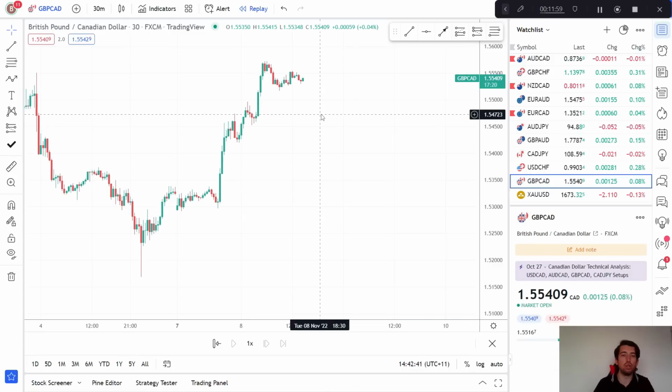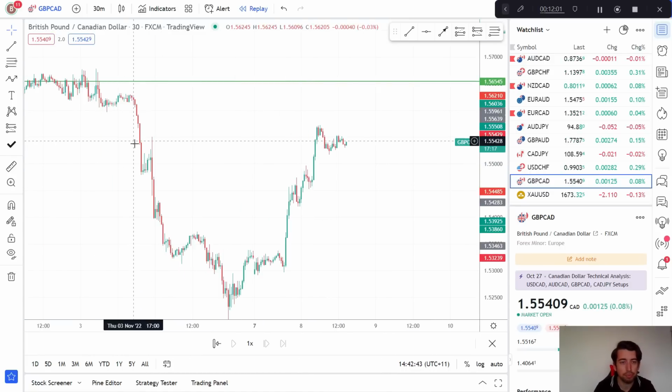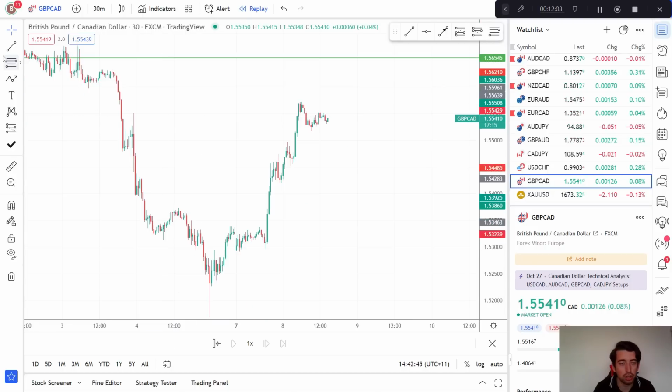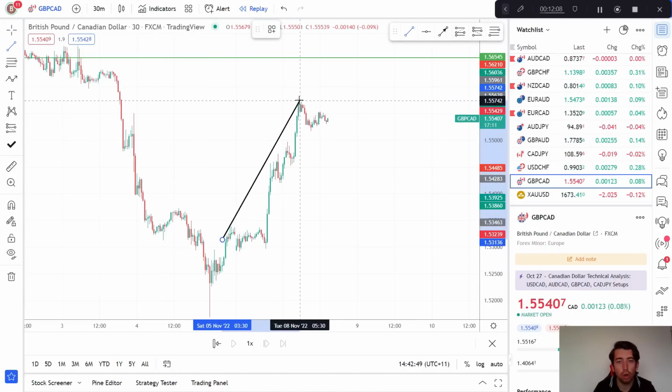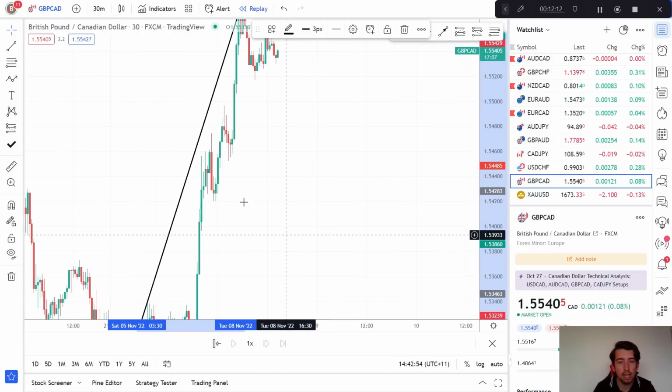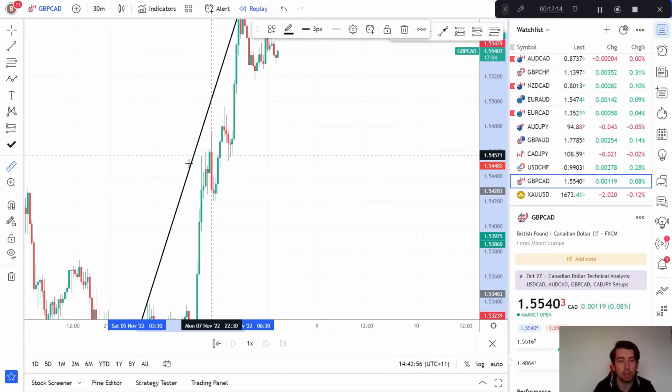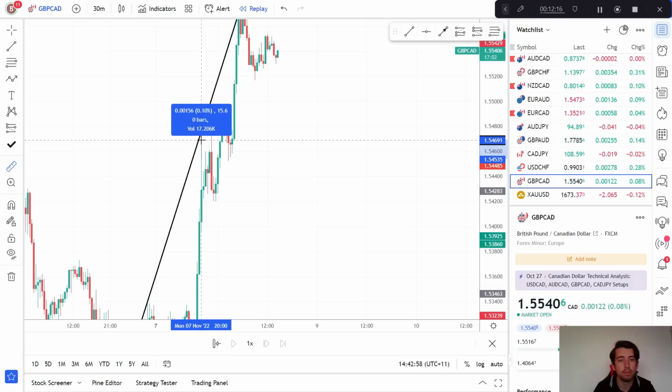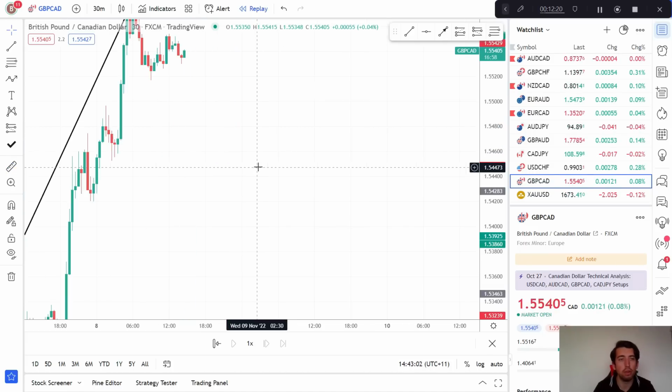Even if we go to another pair over here, current price action from the initial high over here all the way up to here, we can see that it comes definitely within the 10 pip, right, that we were talking about before. Oh, 17. Apologies, guys. That's 24 pips right there.